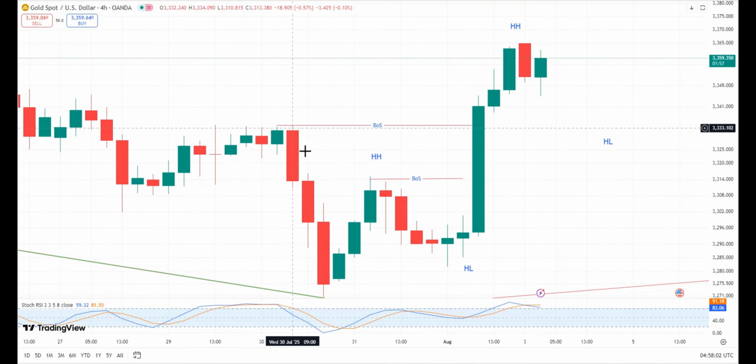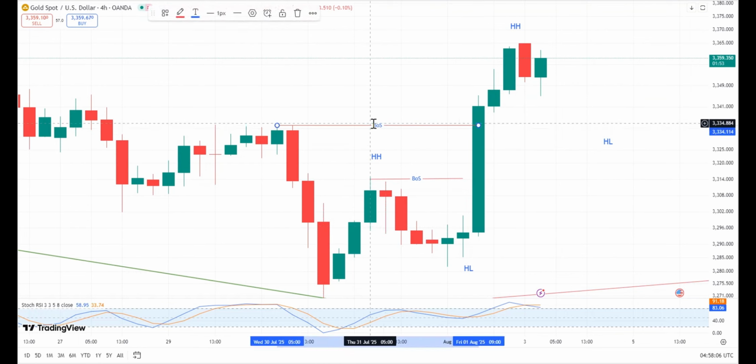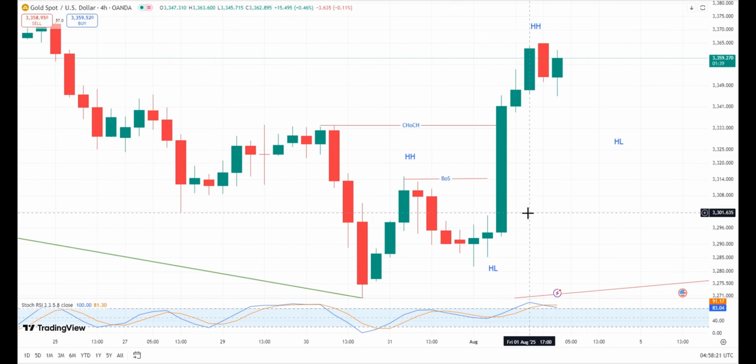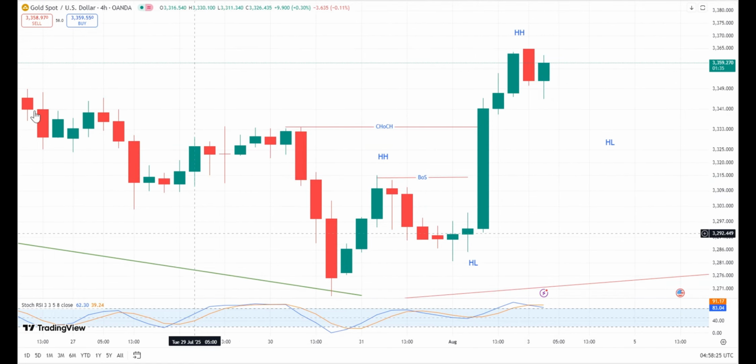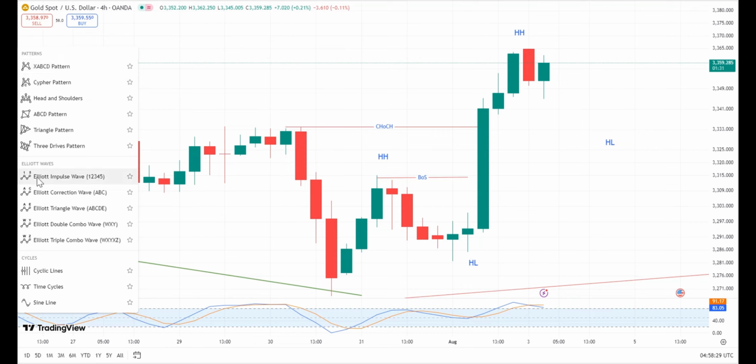So based on this, you can see that there's an external change of character in this place. So let's look at our Elliott wave count.